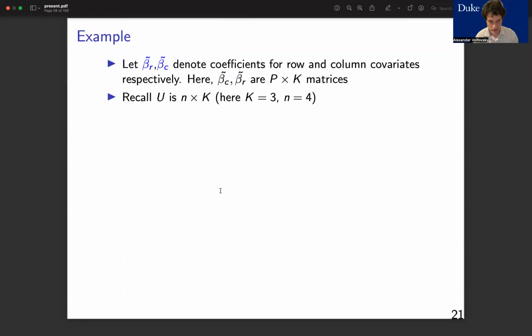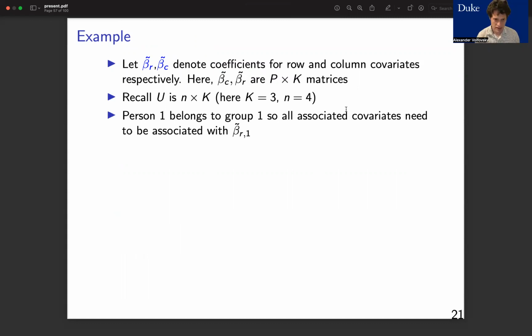U is going to be an n by k matrix. K is going to be 3. There are 3 communities, and there are 4 individuals. And here again, our goal is to figure out notation that will extract beta tilde R1 for individual 1 if they belong to group 1.